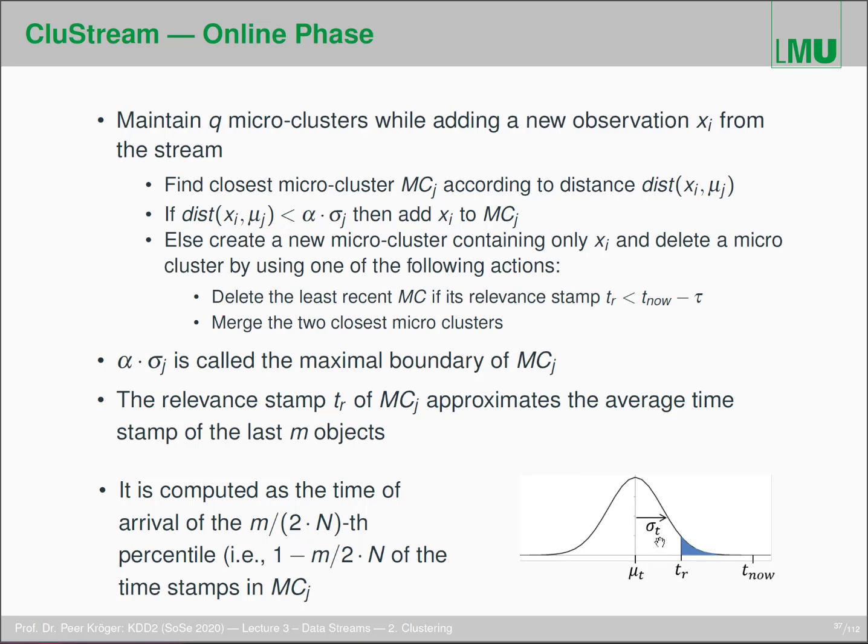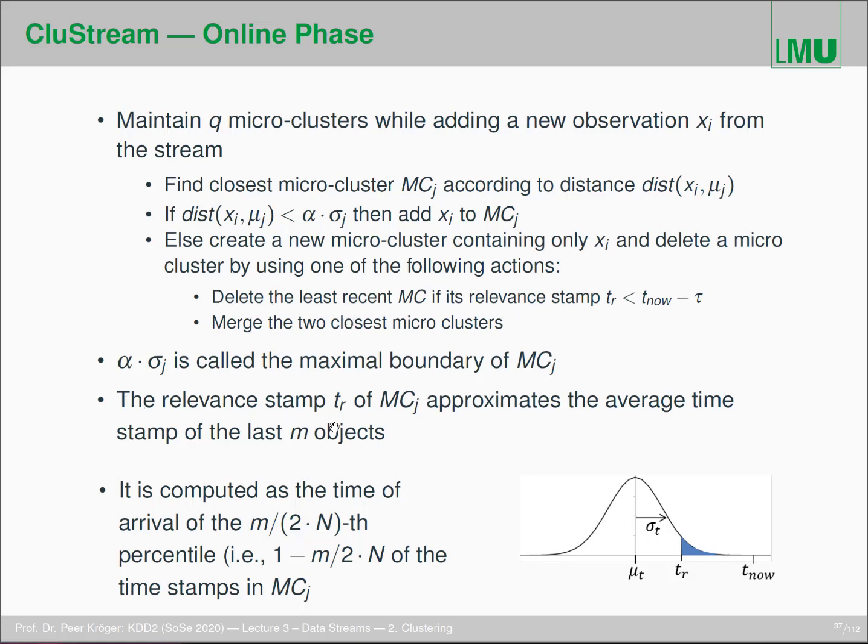The cluster absorbs or takes this new observation. If not, if it's somewhere here, it creates a new microcluster, and then you have this deletion or merging action down there. For the deletion, we talked about that.